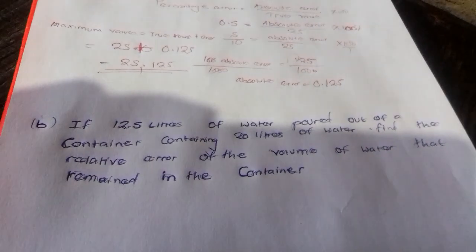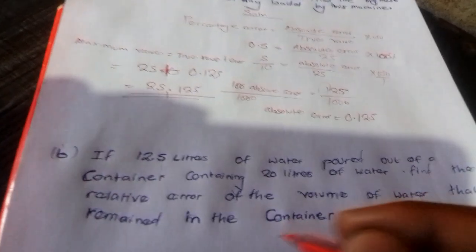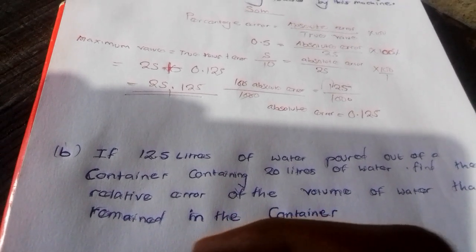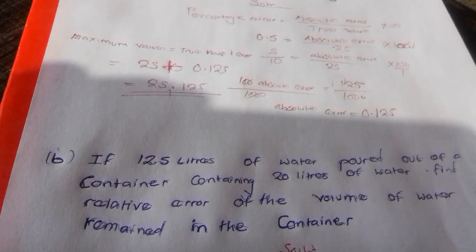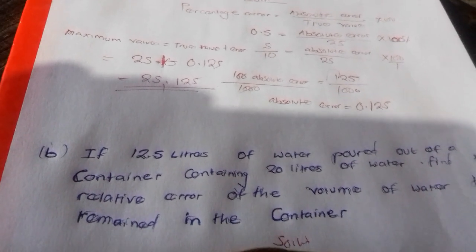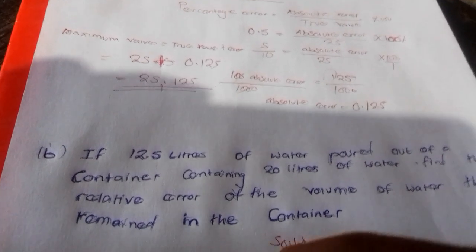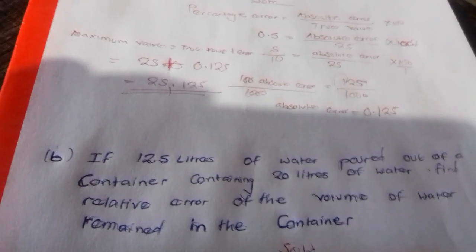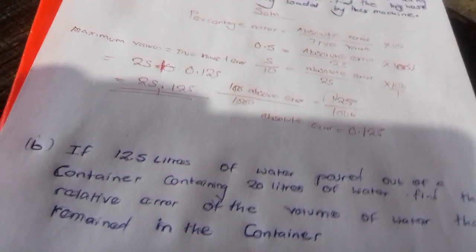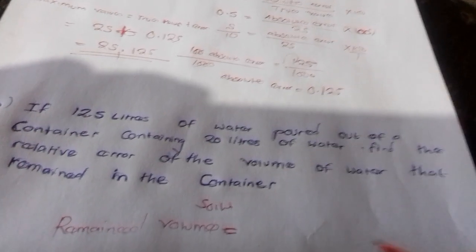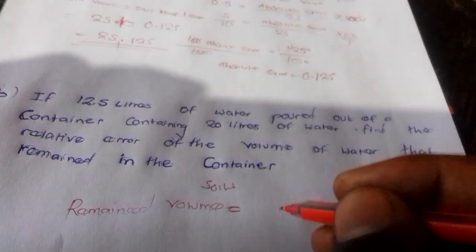So to find the remaining volume, just subtract what was poured from the capacity of the container. The capacity of the container was 20.